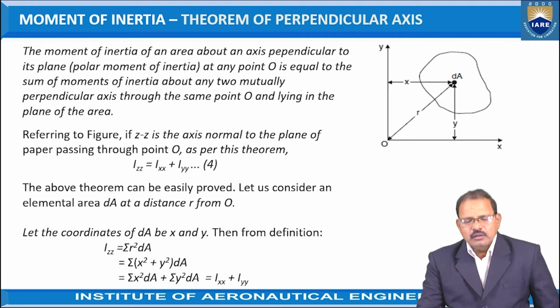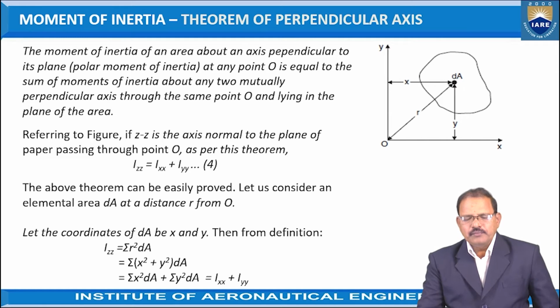Now, moment of inertia, theorem of perpendicular axis. Let us consider a plane which is kept in a coordinate plane, and the center of gravity of that plane area is at a distance of x and y with respect to the coordinate axes.